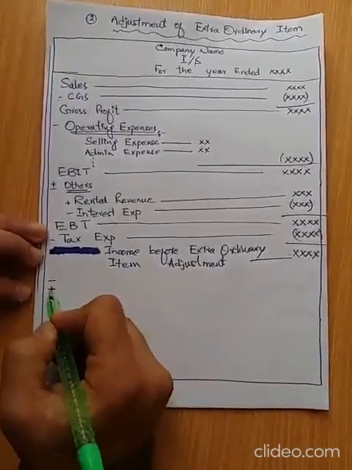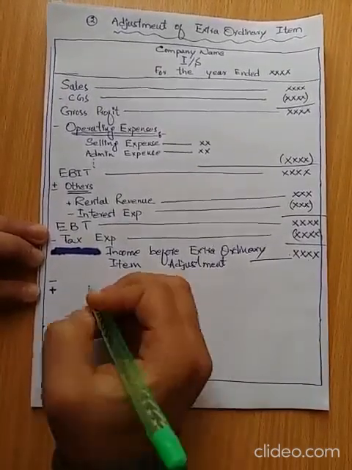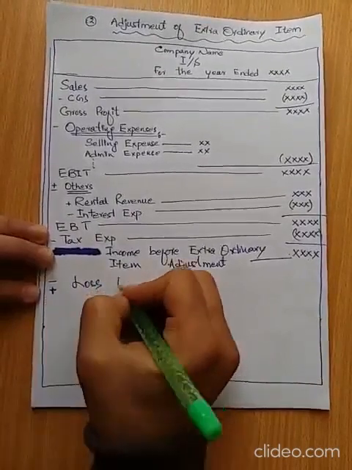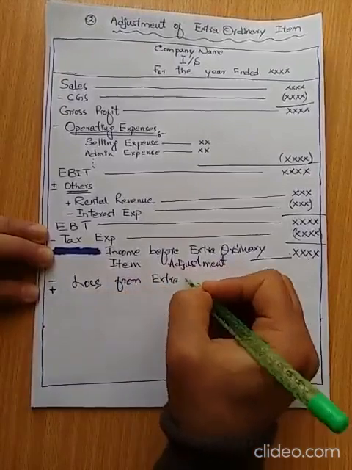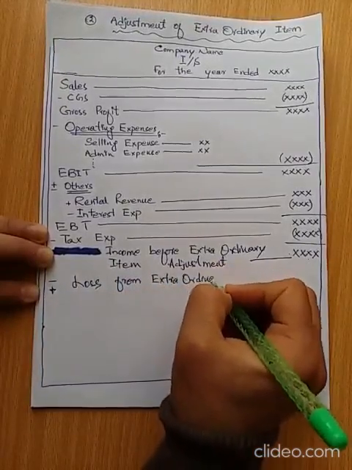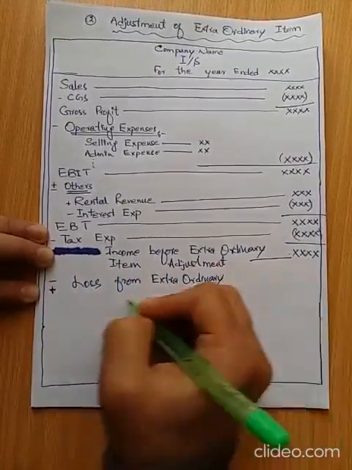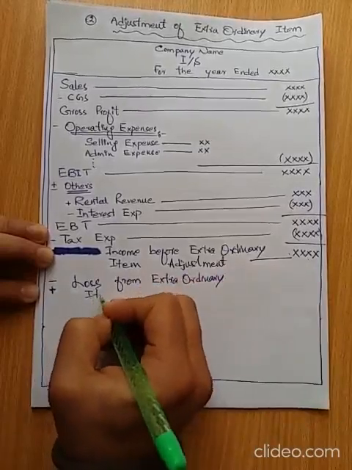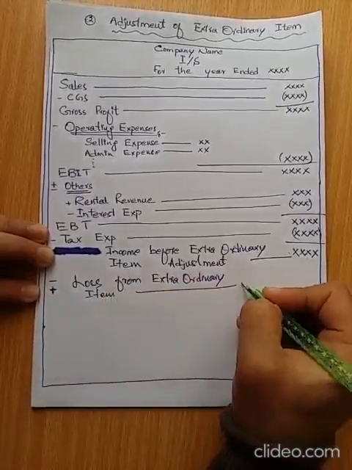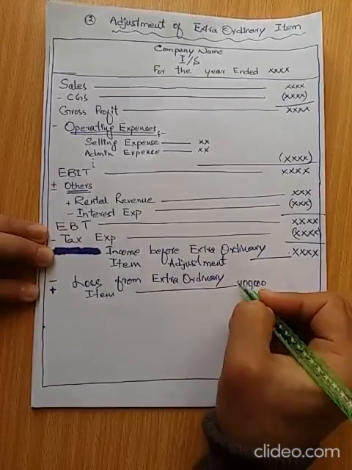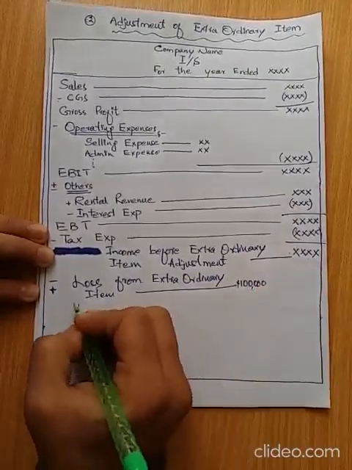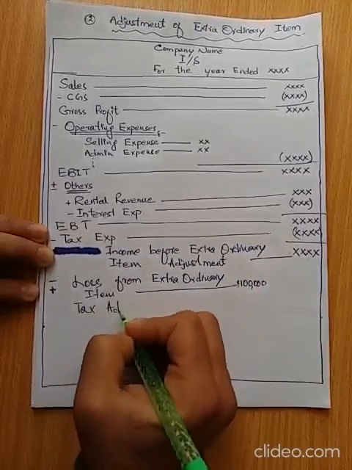Okay, so let's say that we had a loss right now, so I will write here loss from extraordinary item. What is the amount of loss? To make my example simple, it is a $1 lakh loss, and then again I'm going to do the tax adjustment here.